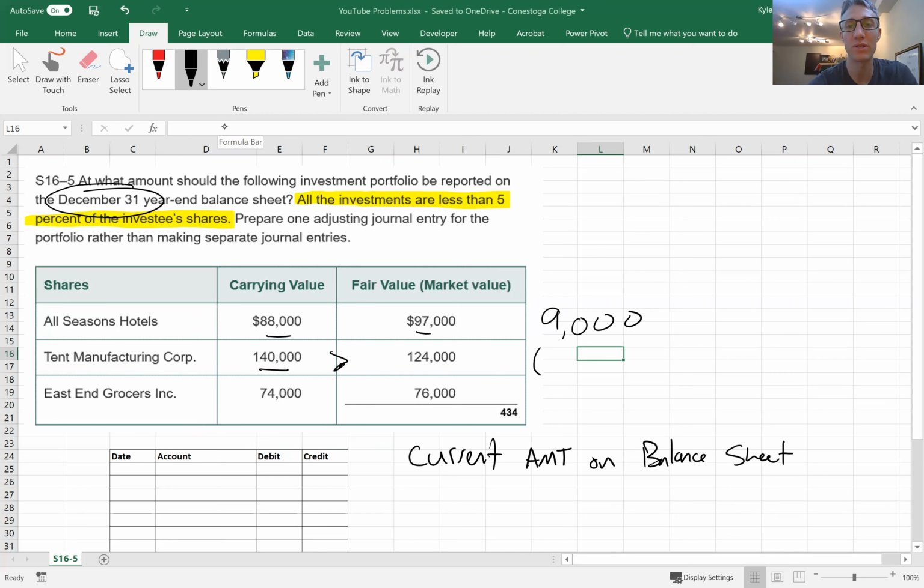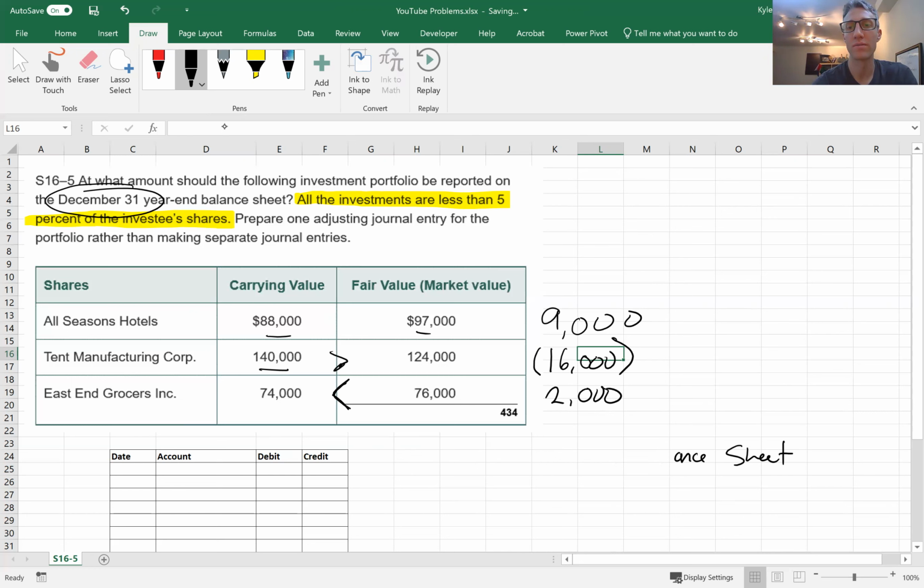So here there's what's called an unrealized loss, which is 16,000. And East End Grocers, the carrying value is less than the fair value, so it has appreciated in total by $2,000.